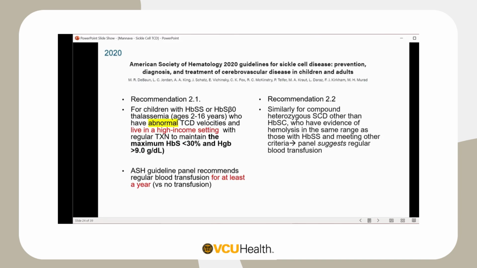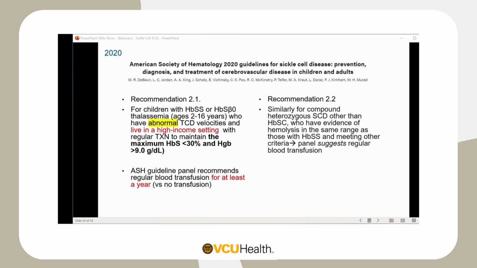And if you have abnormal TCD velocities and live in a high income setting enough to receive regular transfusion, that's what they recommend in order to maintain a hemoglobin S percentage less than 30% and a hemoglobin greater than 9. And they recommend regular blood transfusion for at least a year when you find this abnormal finding.